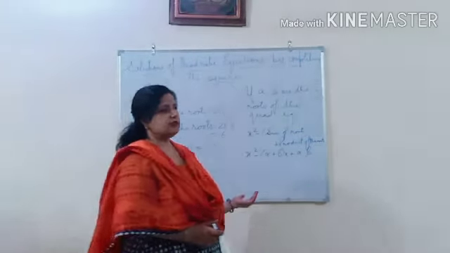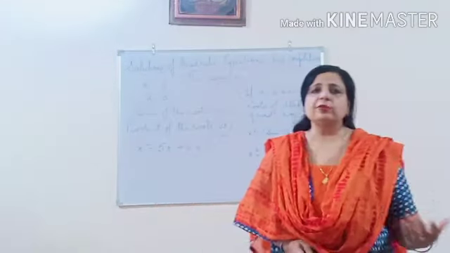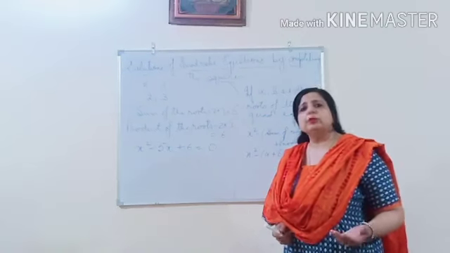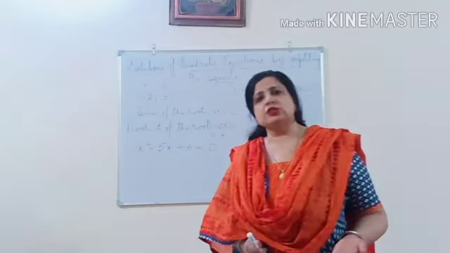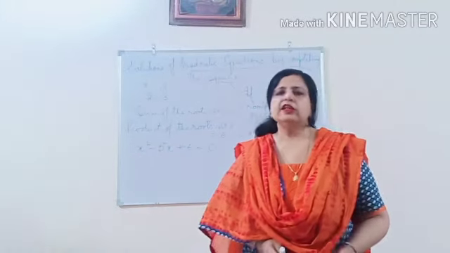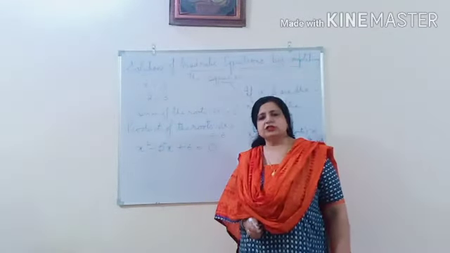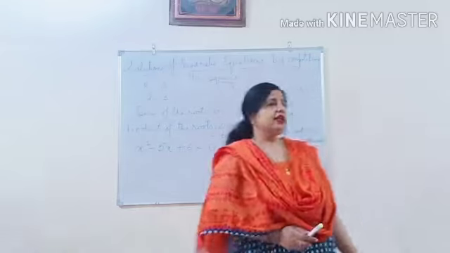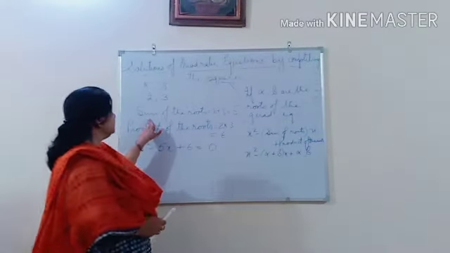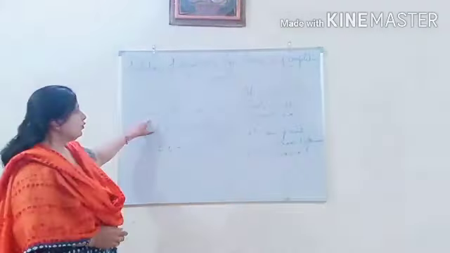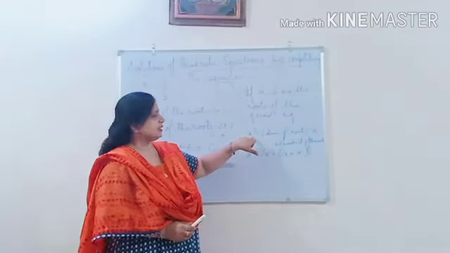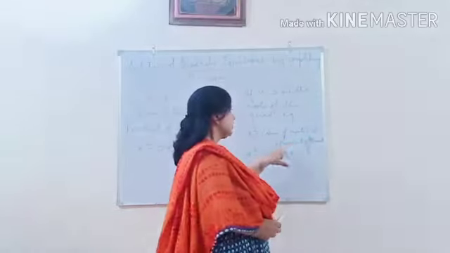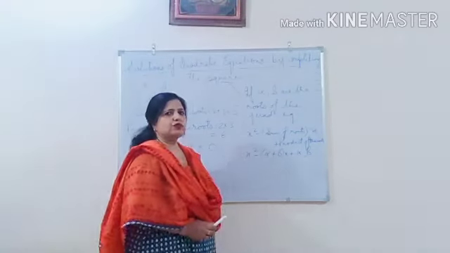If the discriminant is greater than 0, roots will be real and distinct. If discriminant is equal to 0, roots will be real and equal, and if discriminant is negative, the roots are imaginary. And finally, we discussed the formula for finding the quadratic equation if the roots are given, and that is x square minus the sum of the roots times x plus product of the roots.